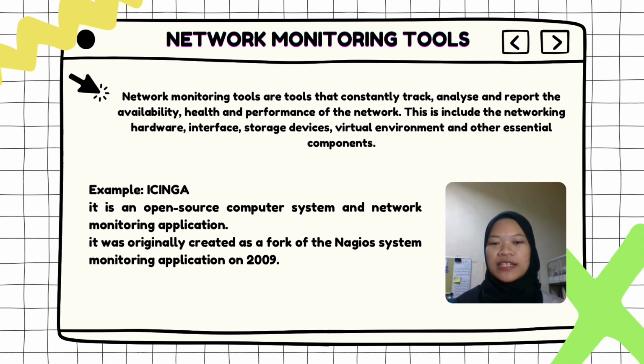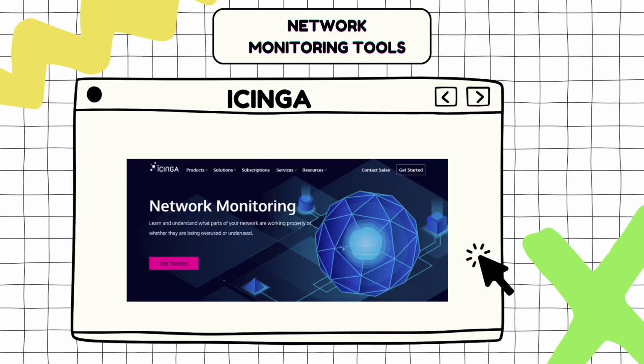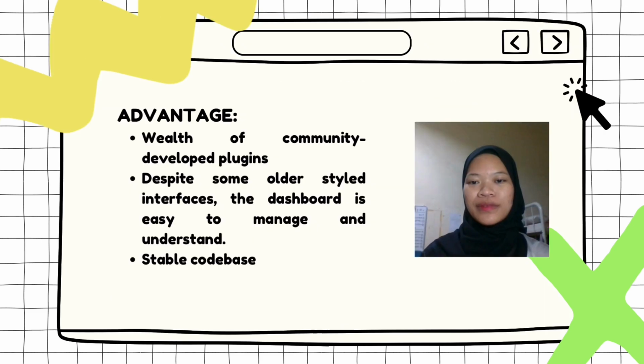It was originally created as a fork of the Nagios system monitoring application in 2009. The advantages: well, community developed plugins, despite some older style interface, the dashboard is easy to manage and understand. Lastly, it is a stable code base.